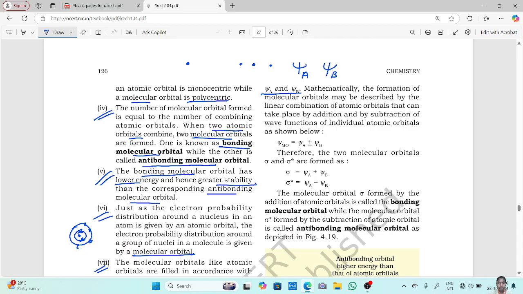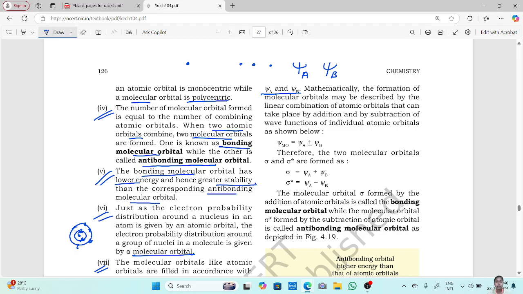Now, mathematically, the formation of molecular orbitals may be described by the linear combination of atomic orbitals, that can take place by addition and subtraction of wave functions of individual atomic orbitals as shown below. Now, why do we use LCAO? It is basically to represent the formation of molecular orbitals in a mathematical form.